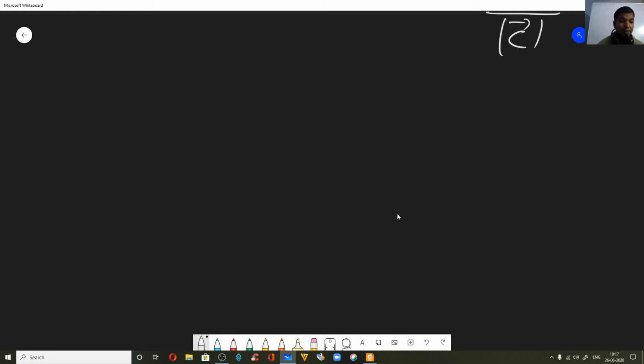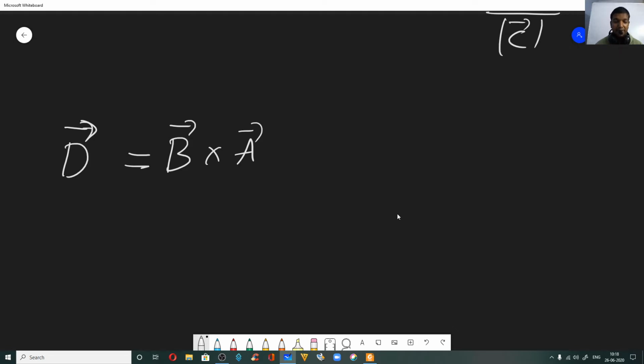Now, if you see B cross A, say we will assign it to a vector D. The result of B cross A is a vector and that vector is D. Its magnitude, the magnitude of B cross A, otherwise D, you can write as BA sine theta.